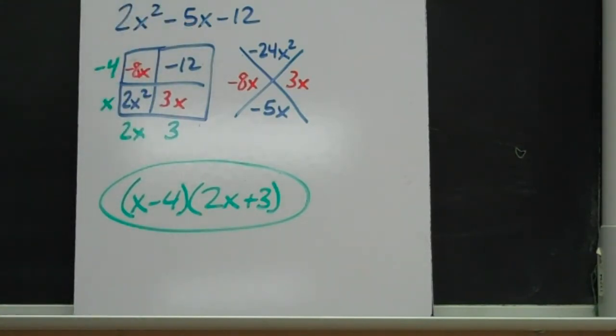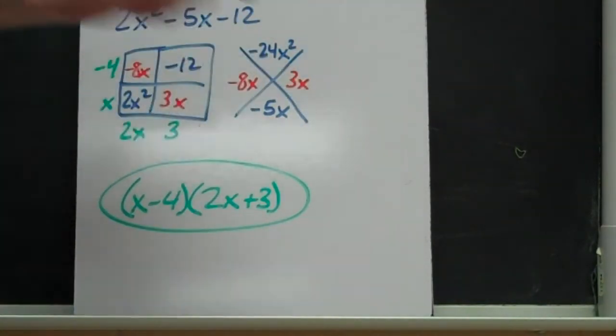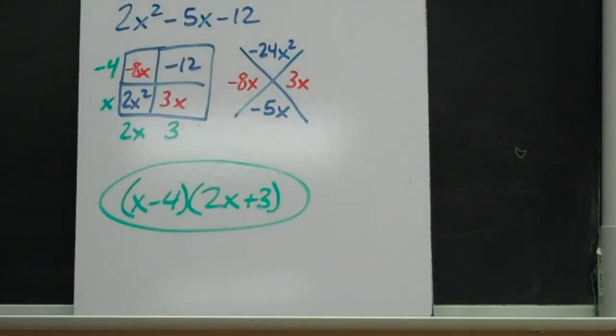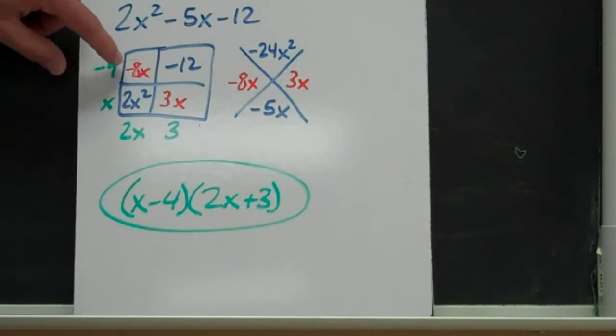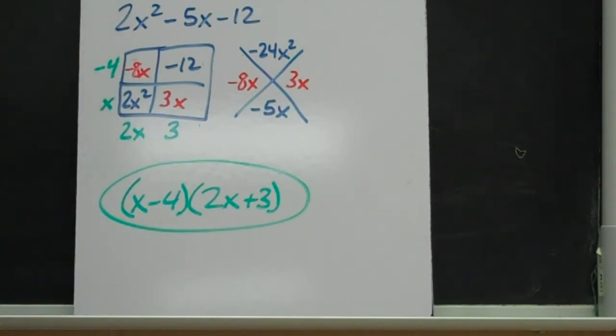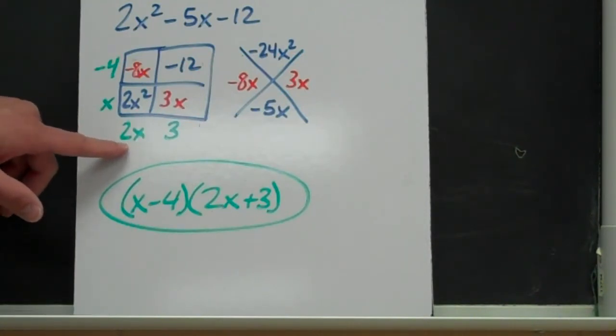Now we're asking ourselves what multiplies to negative 24x squared and adds to negative 5x. That would be negative 8x and positive 3x. So we put those into our rectangle, and we start with the first column. Negative 8x and 2x squared both have an x and they're both divisible by 2. So we put a 2x down here.